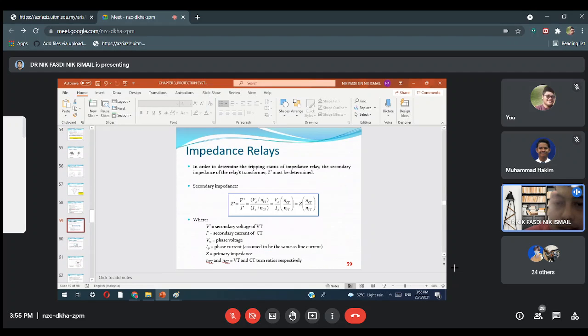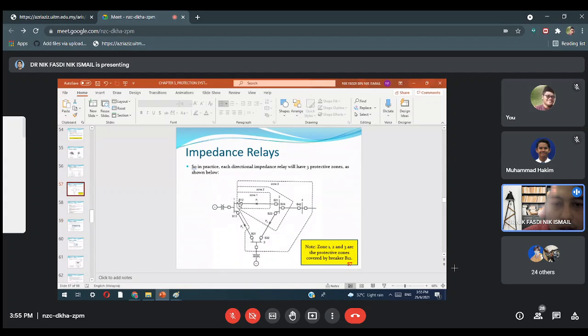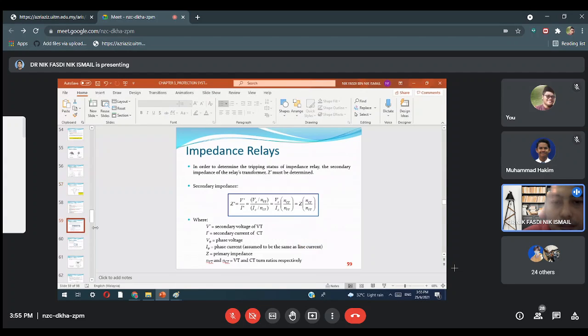In order to determine the trip status of the impedance relay, the secondary impedance of the relay transformer, Z prime, must be determined. So in order to determine whether it trips or not, we need to determine Z prime, the secondary impedance. This is the equation to determine the secondary impedance.